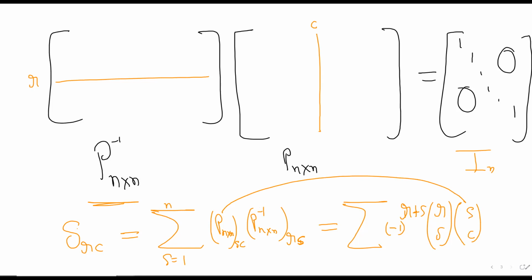You have to prove that this is equal to 1 if R is equal to S, which is very easy. Please do it. If R is equal to S, then this is 1, because most of the terms will be 0, since C will become bigger than S and so on.